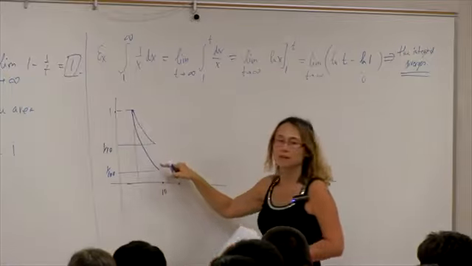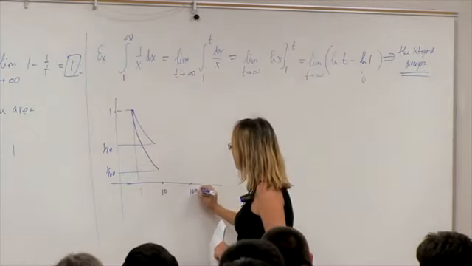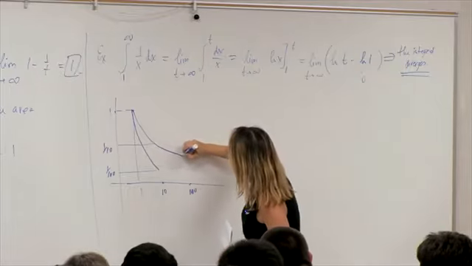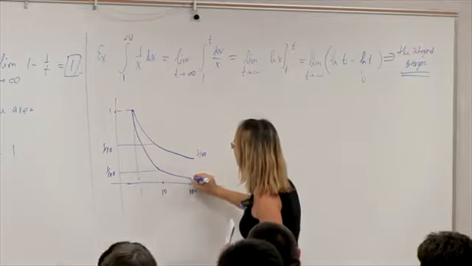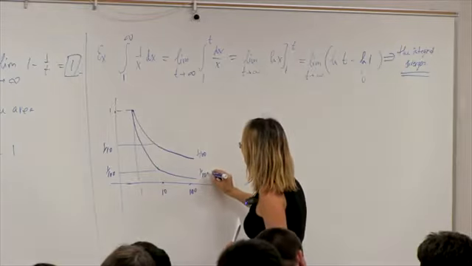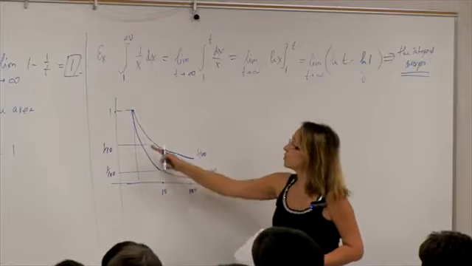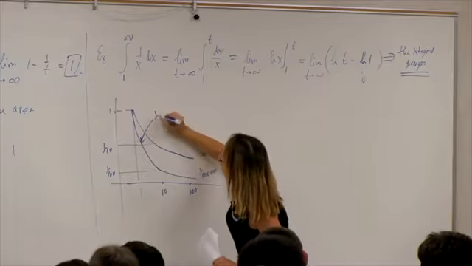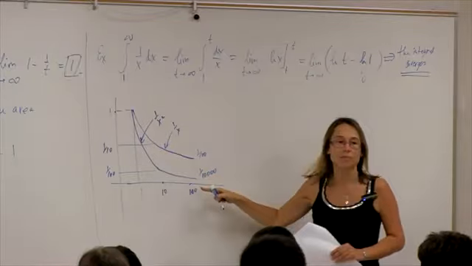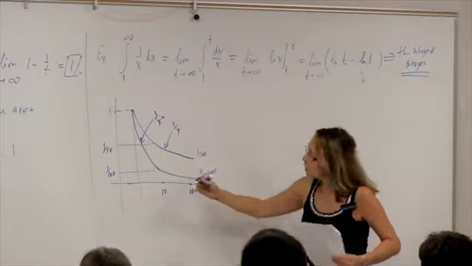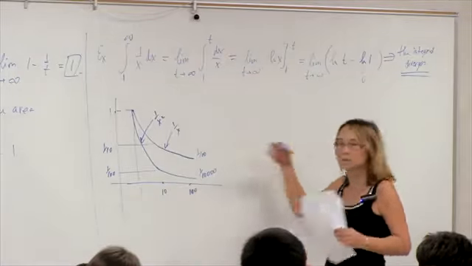This is completely not to scale, right? I cannot draw it to scale, but something like this. When this is 100, this guy is 1 over 100. This guy is 1 over 10,000. So in fact, this is 1 over x squared, and this is 1 over x. This is a lot thinner, right? So somehow it works out that this sums up to a finite number equals 1, and this one diverges.